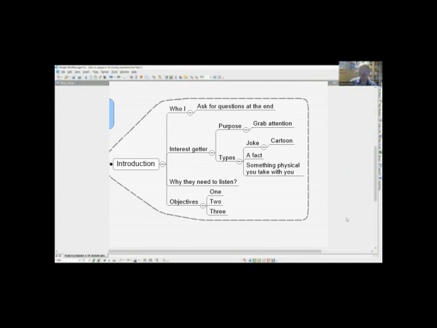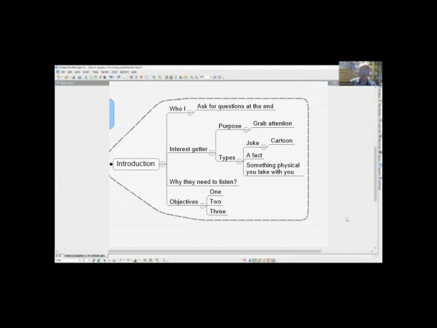There are different forms of interest getters. It could be a joke, maybe a cartoon, which suddenly pulls their attention to the slides that you're presenting, or maybe if you're just talking verbally, to listen to the joke. It might be quite an astounding fact to do with whatever your topic is.